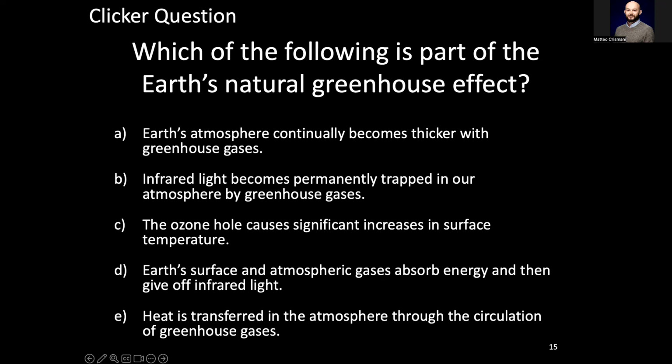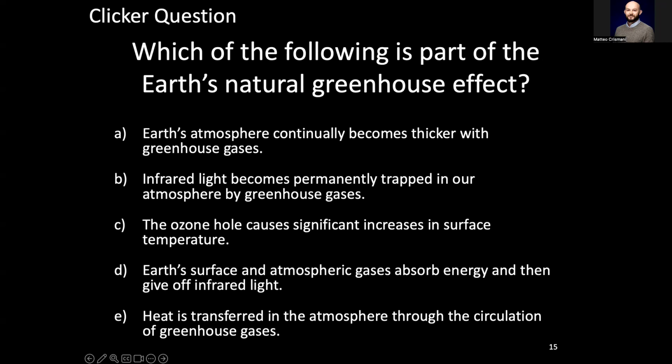And of course, the question here is, is this part of the natural cycle? So are ozone holes natural? We're going to talk about Earth's surface and atmospheric gases, how they absorb energy and how they give it back off. And then, is heat transferred through circulation of greenhouse gases? Is that how it gets out?